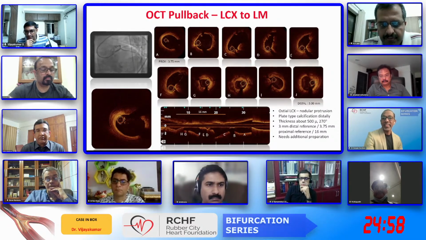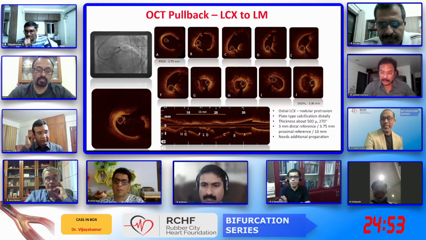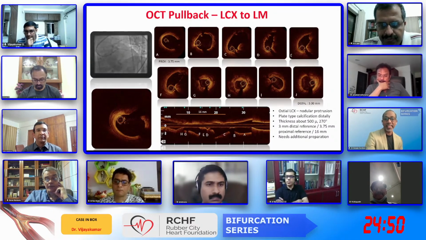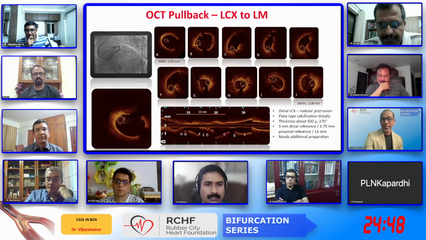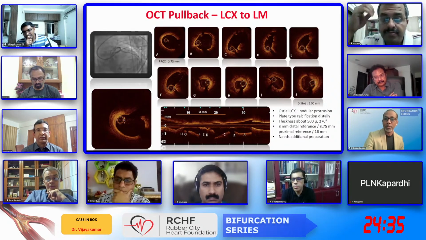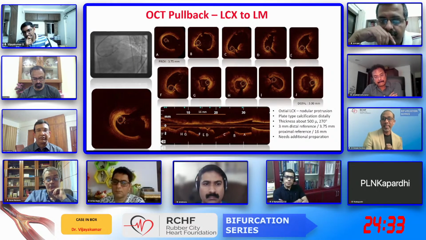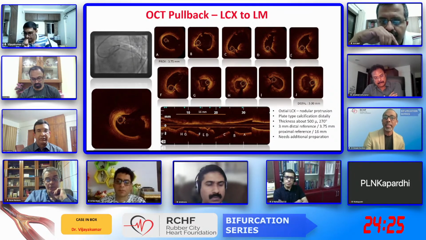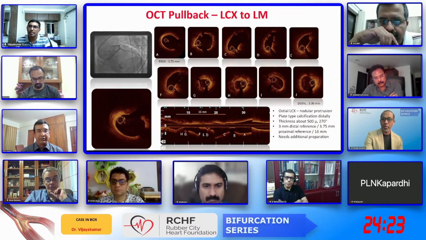Vijay, one second. Vijay, I just wanted to have an opinion from Dr. Selmani also. We see in these images, E as well as F, in the frames, that the imaging catheter is very close to the peak of that nodule. Because we know that there are not many options to manage this, and we also know that we opened the 3 millimeter scoring balloon very well, one thought would be to just go ahead with a non-compliant balloon at higher pressures, hoping that it would definitely open up because the scoring balloon opened up.